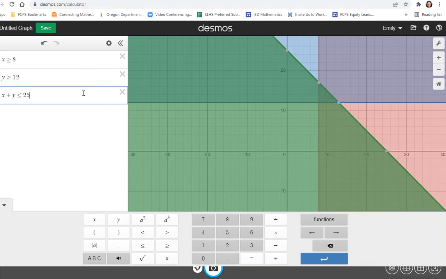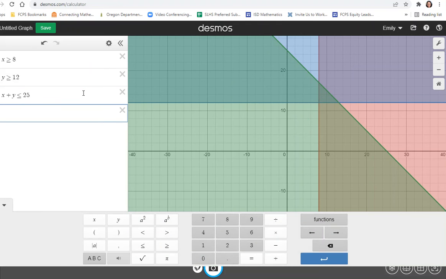I'm just going to add a line and do a little calculation. 120 times 8 plus 150 times 12. So I'm getting a weekly income of $2,760 for that point. I just used a calculator to calculate that.